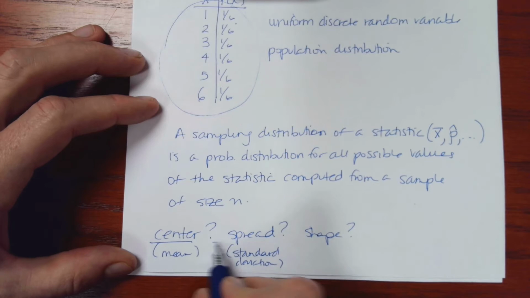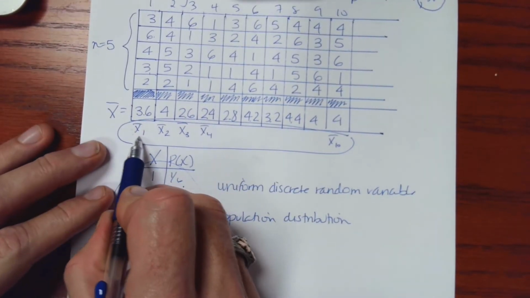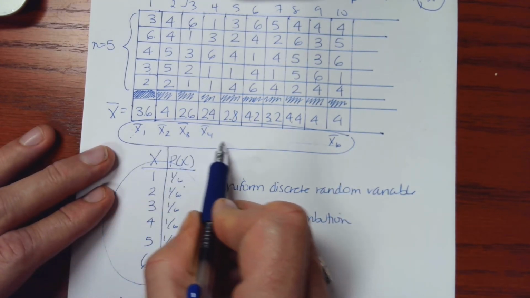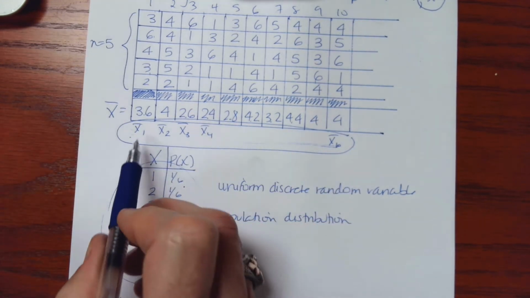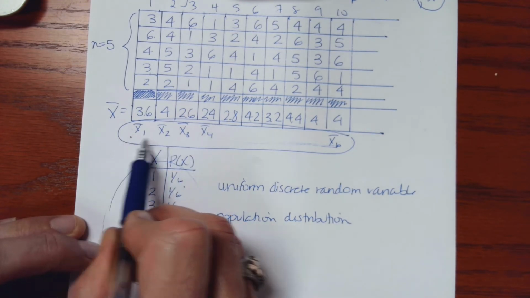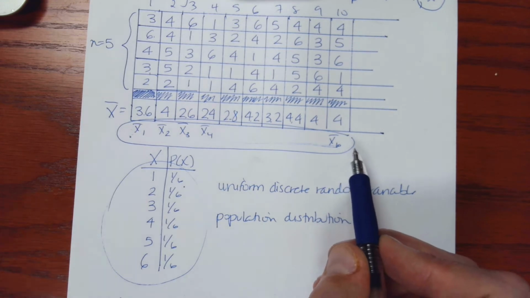So these are the 3 things that I'm going to be investigating. So again, I'm looking for what's the mean among all these values, what's the standard deviation among these values, and can I determine the shape of the distribution of these sample means.